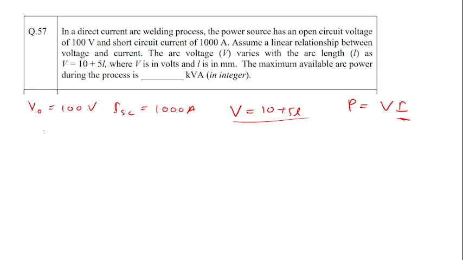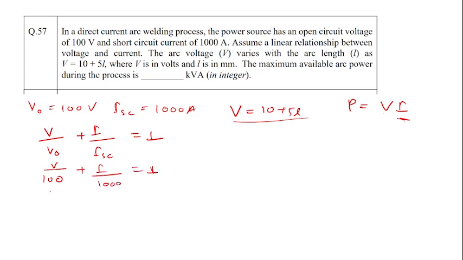So again the same: V upon V naught plus I upon I short circuit is equals to 1. Now you'll put the values: 10 plus 5L over 100 plus I divided by 1000 is equals to 1.